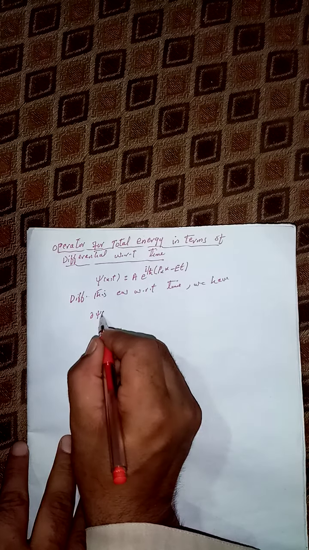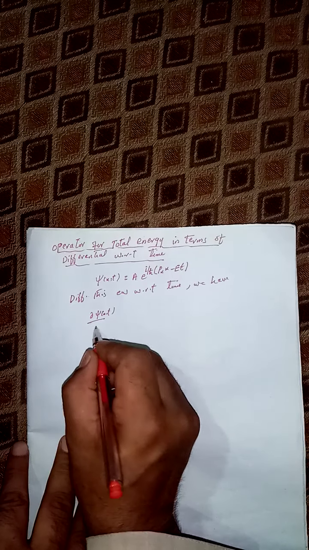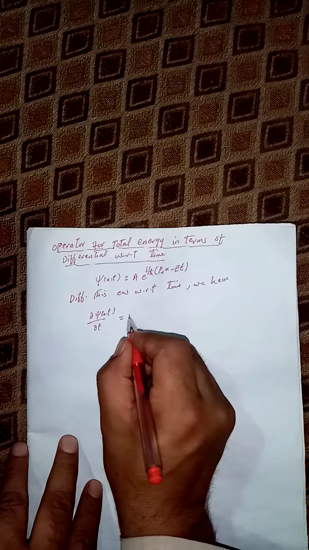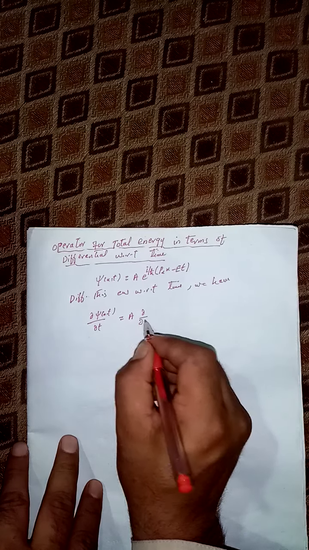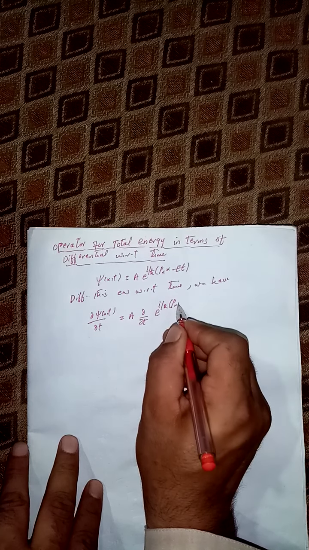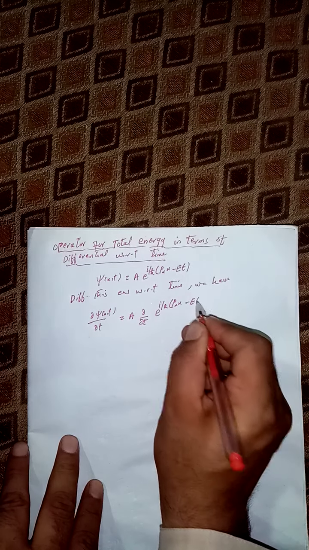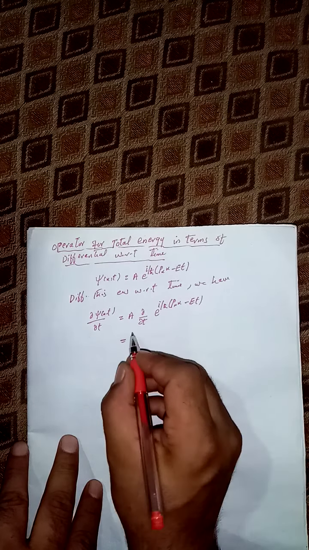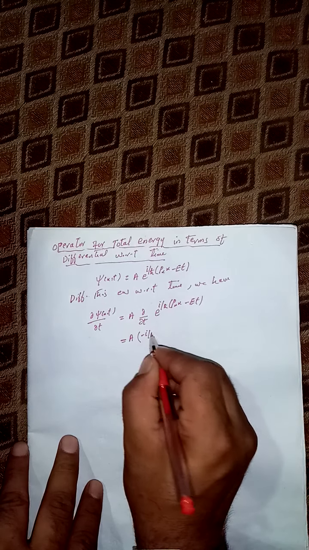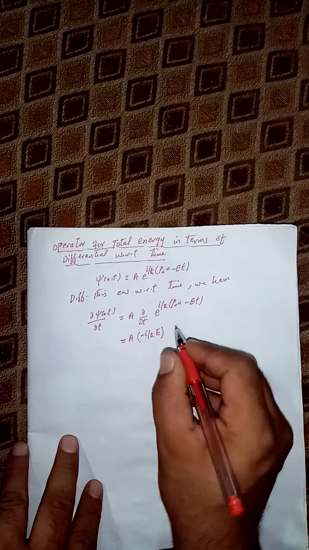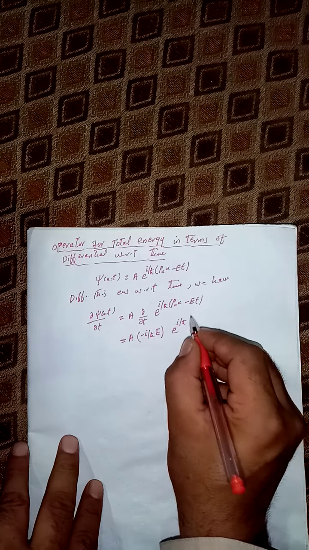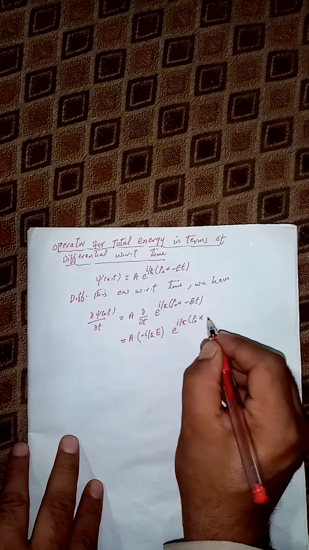partial psi of x, t over partial t is equal to A partial by partial t of e raised to the power iota over h bar (p of x into x minus E t). If we apply this differential operator, we get A into minus iota over h bar E, and then e raised to the power iota over h bar (p of x into x minus E t).